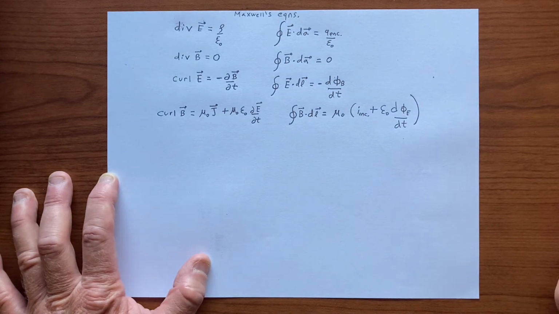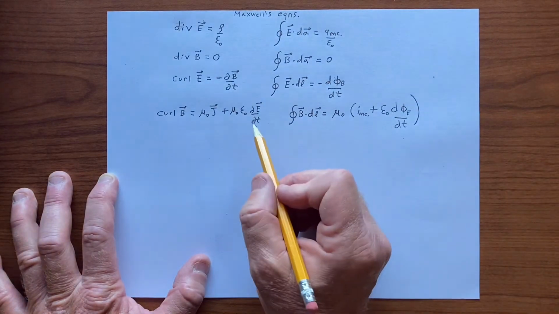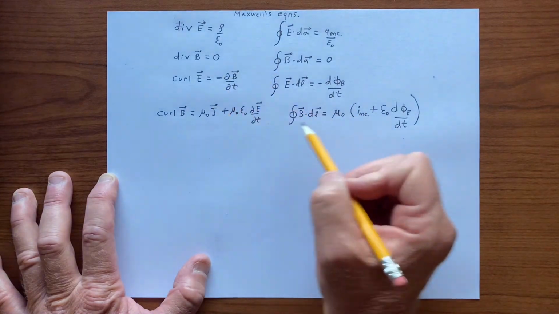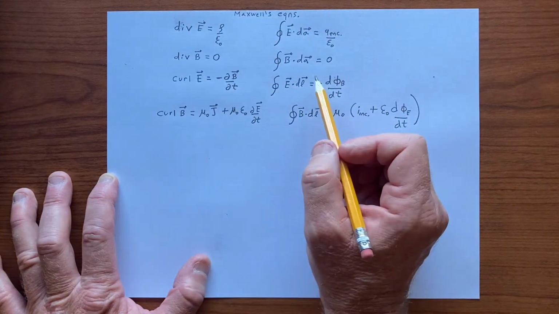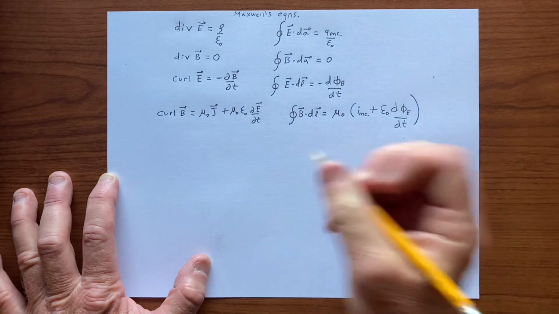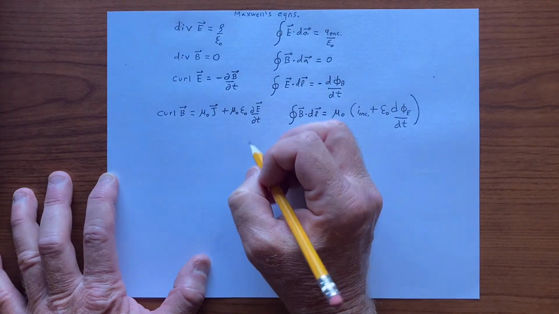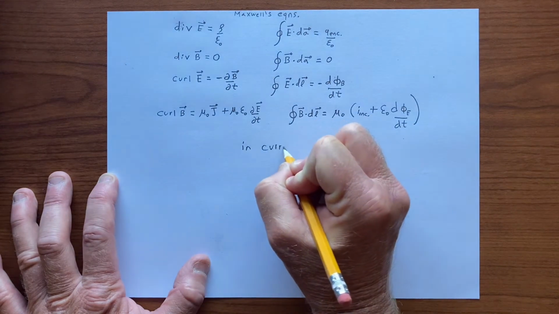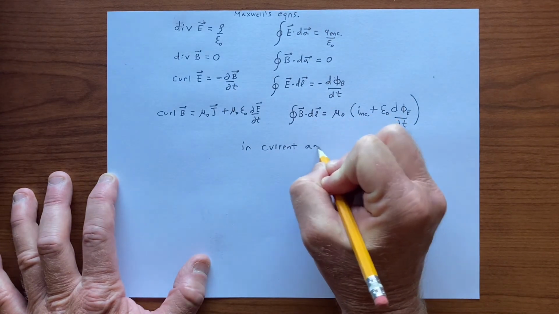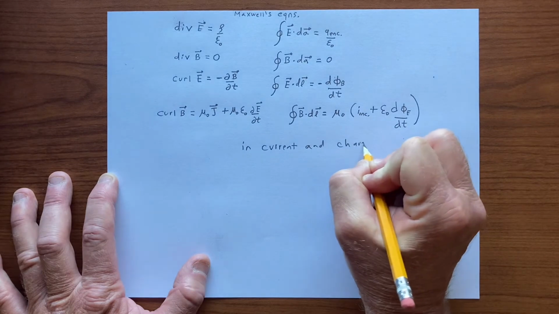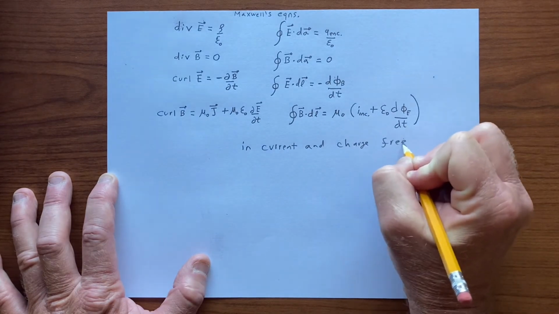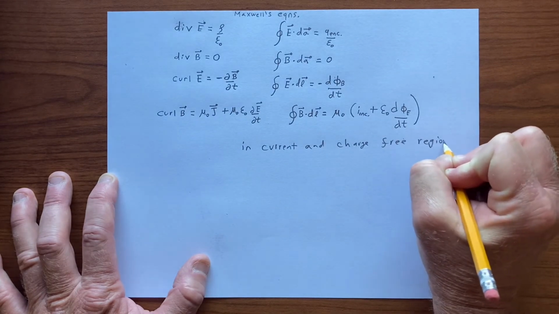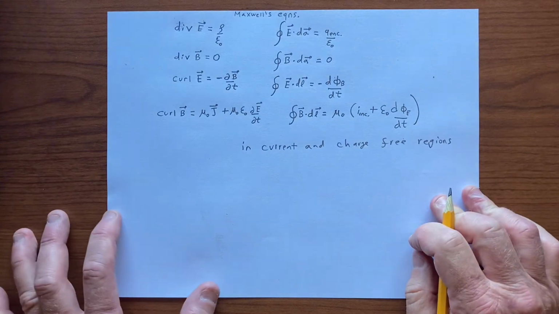What's now going to emerge is that in certain situations, these equations will become more symmetric. So let's look at these equations in regions where there are no currents or charged particles.